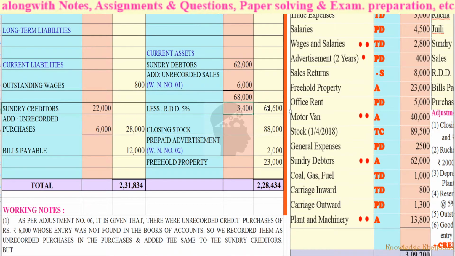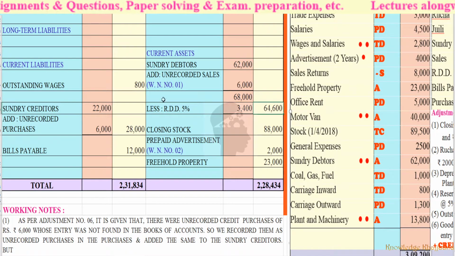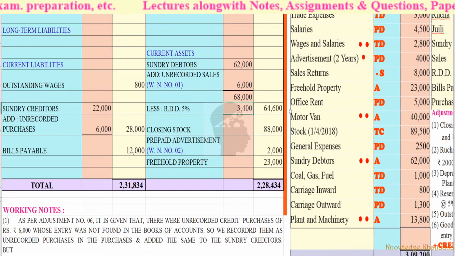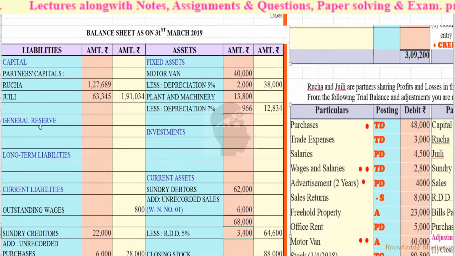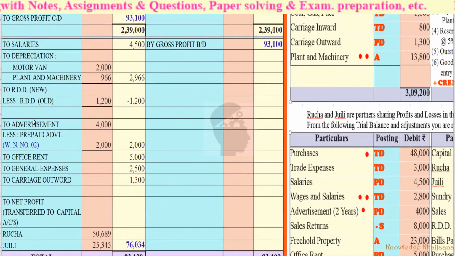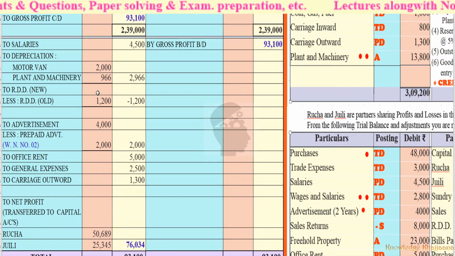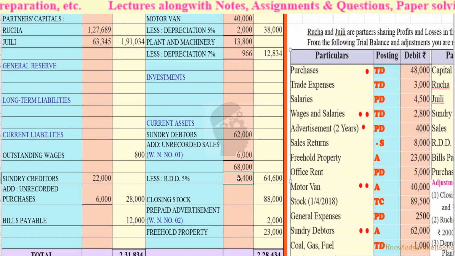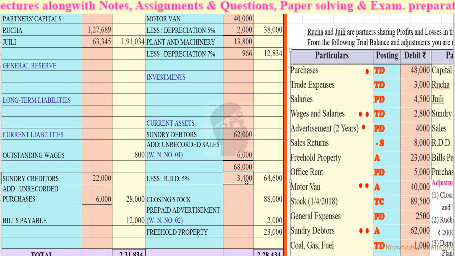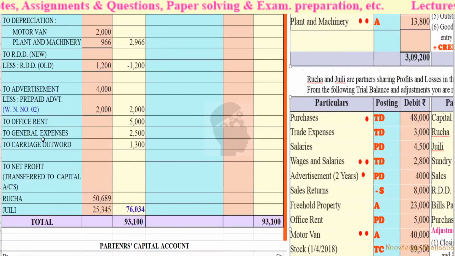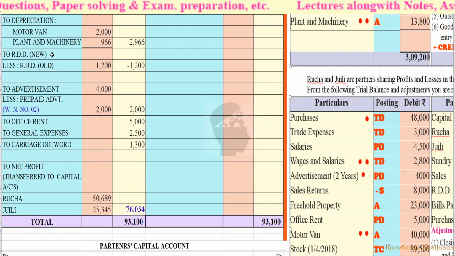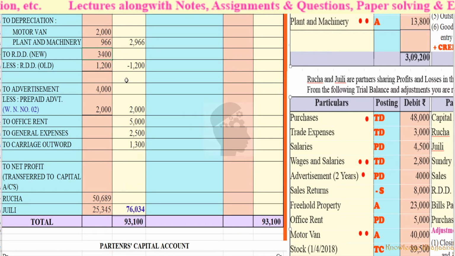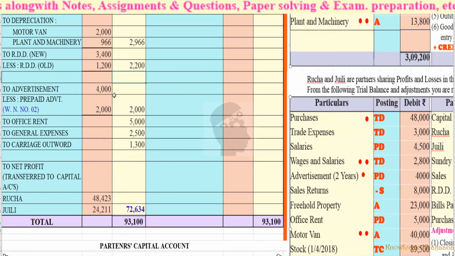So we will get the final debtors of rupees 64,600. Okay. So this new RDD we have to record to the profit and loss account debit side. New RDD, how much was it? Rupees 3,400. RDD at 5%, 3,400.